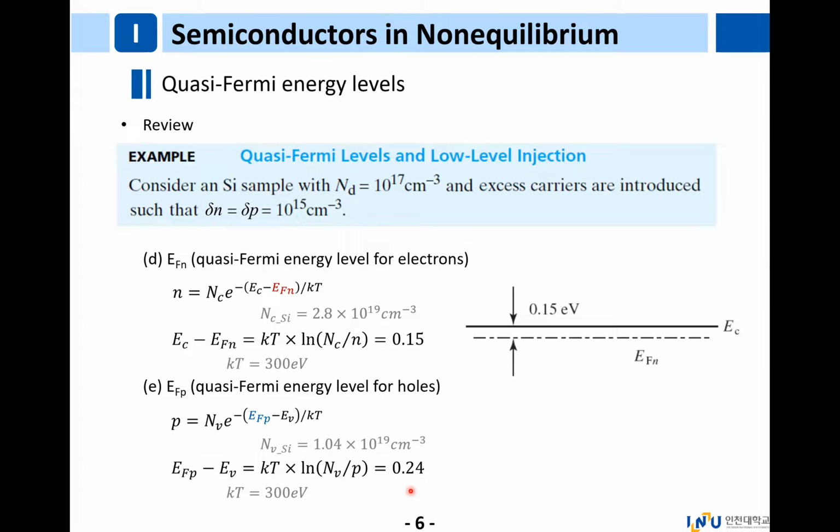Consequently, when drawing the energy band diagram for a semiconductor in a non-equilibrium state, both Fermi levels, EFN for electrons and EFP for holes, will appear simultaneously.